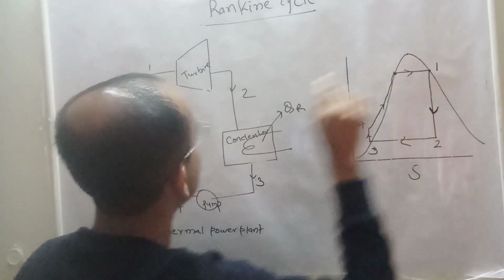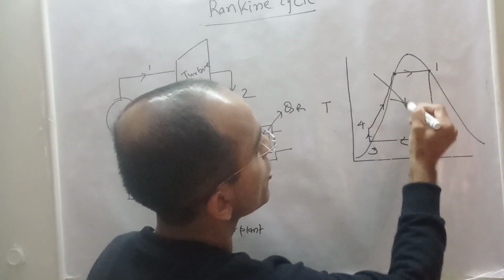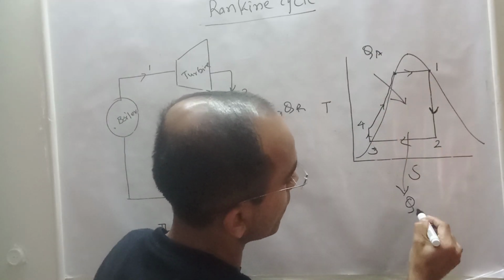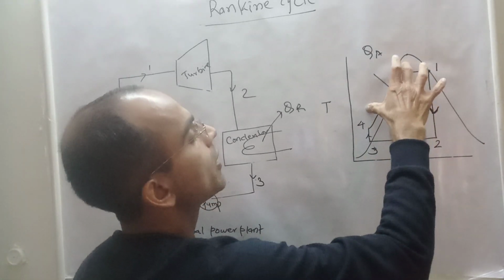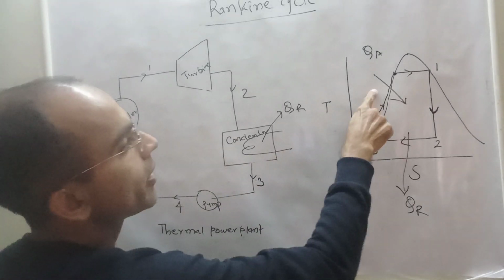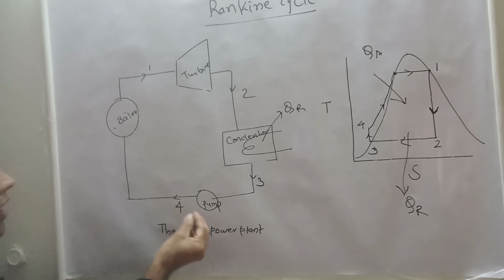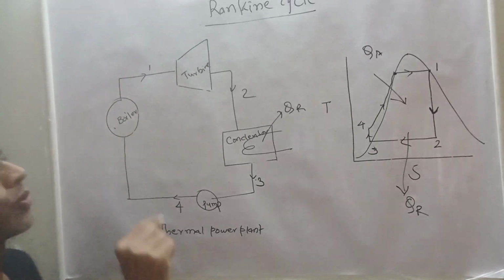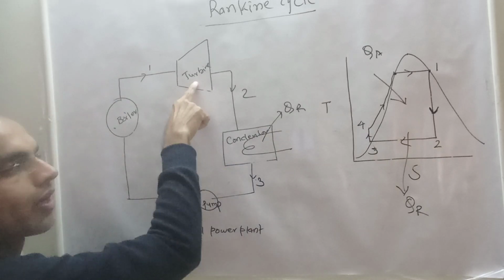So this 4 to 1 process is completely a heat addition process, where we are supplying heat, and this is heat rejection. This process 4 to 1 is completely the heat supplied process, which occurs in terms of sensible heating, and then latent heating is supplied by the external source, which is fuel, and the water will be converted into dry saturated steam, and that steam again enters the turbine.